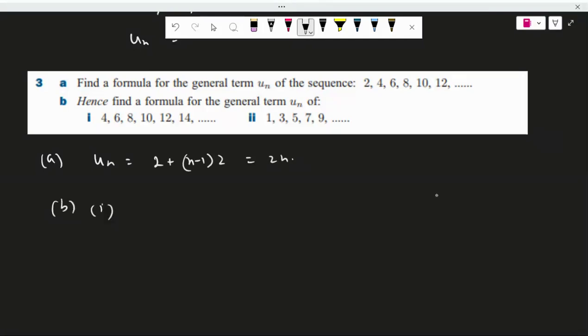And B first part. Find a formula for the general term Un. Yes, tell me.